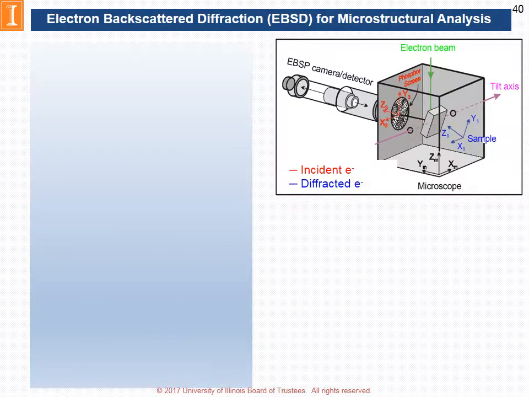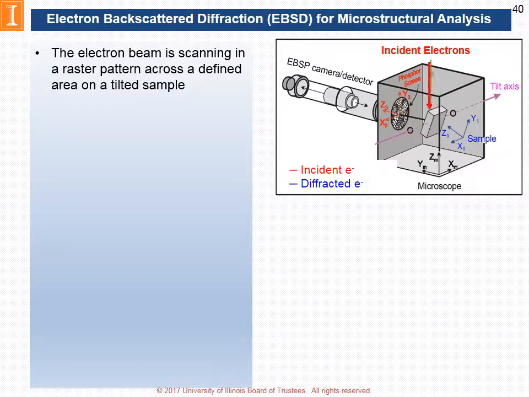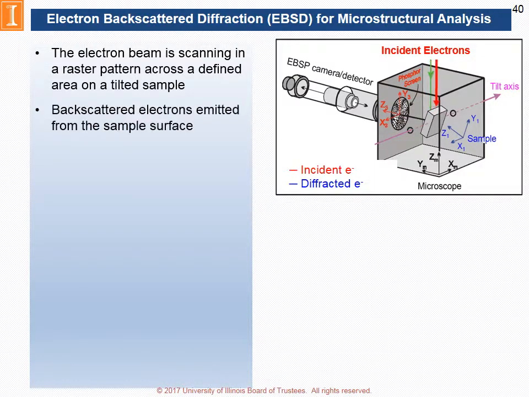The electron backscattered diffraction (EBSD) technique is used to determine crystallographic orientation down to a 5 to 10 nanometer scale. The electron beam is scanning in a raster pattern across a defined area on a tilted sample. Backscattered electrons are emitted from the sample surface.